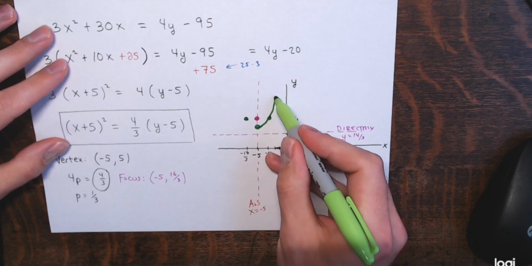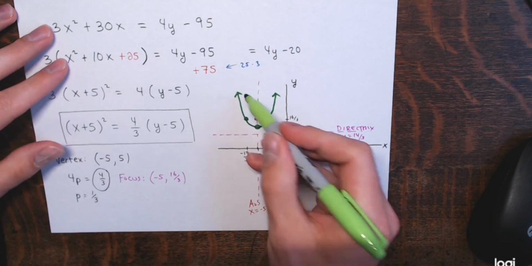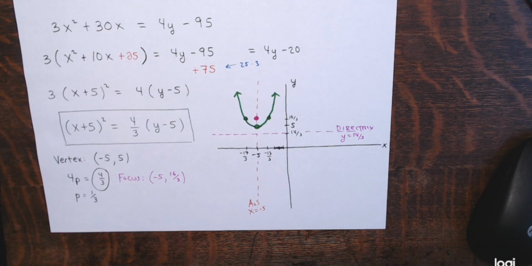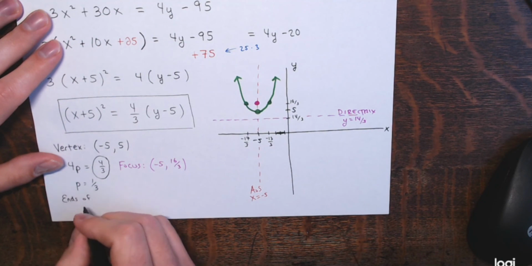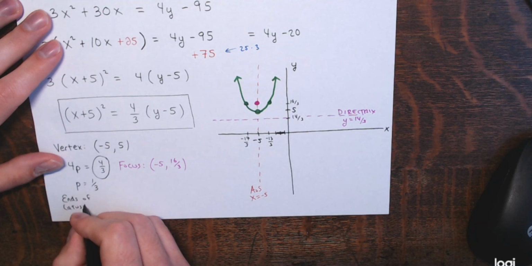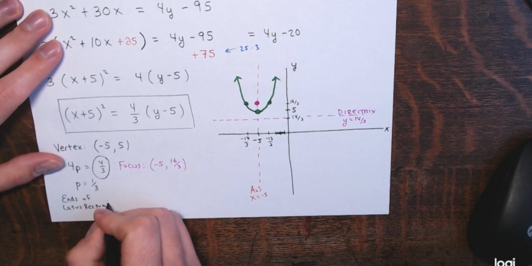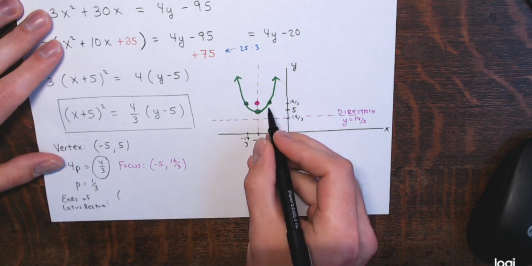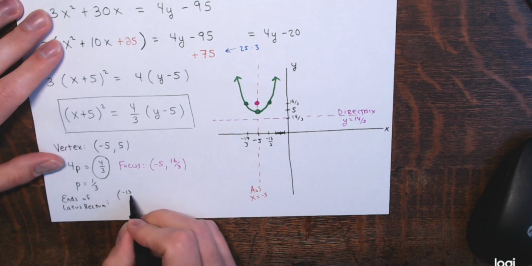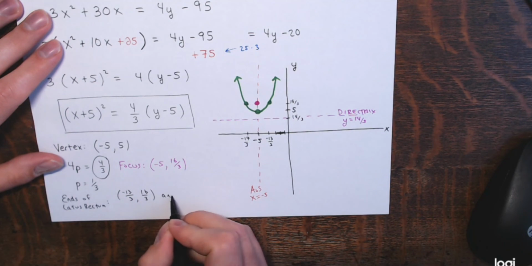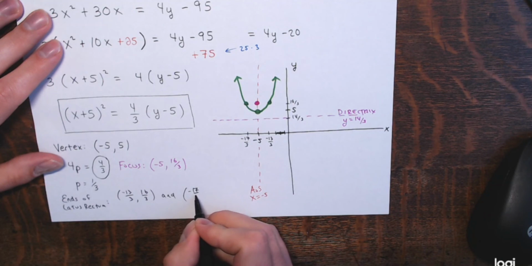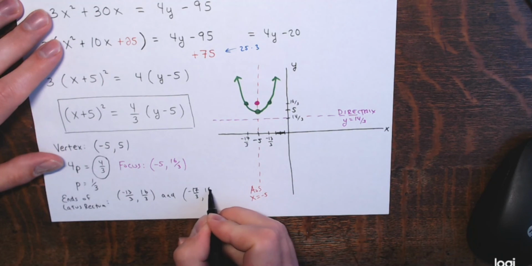There's the ends of the latus rectum. I'll label those points too. I'll write them down here. The ends of the latus rectum are at the points negative 13/3 comma 16/3 and negative 17/3 comma 16/3.